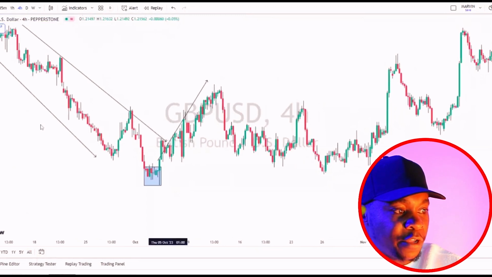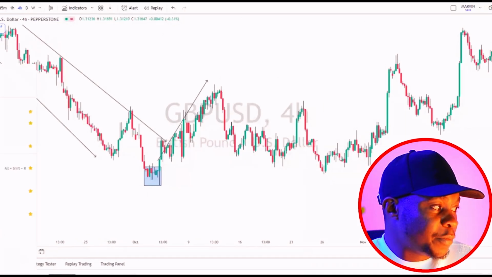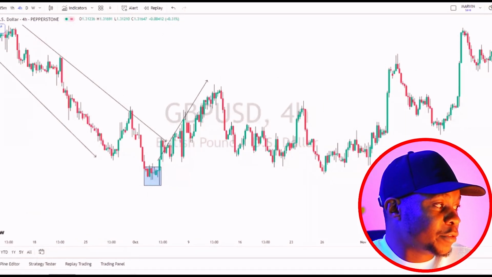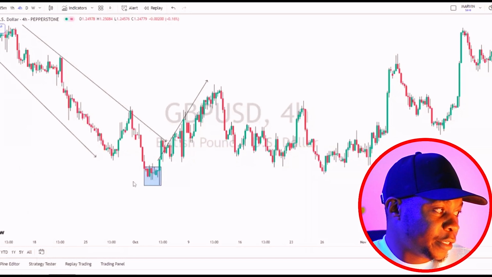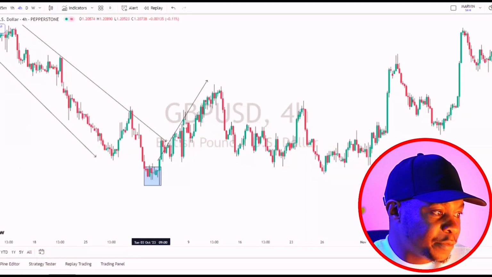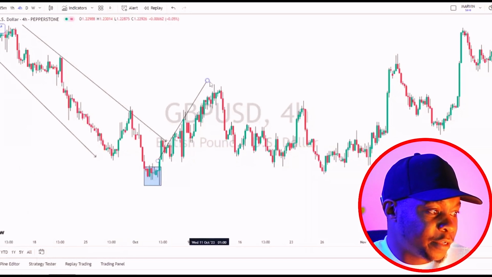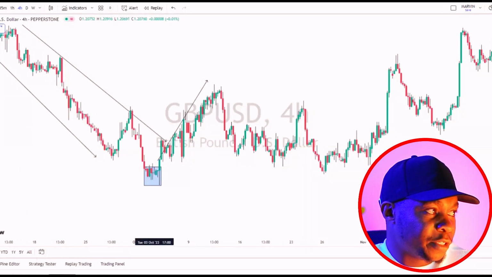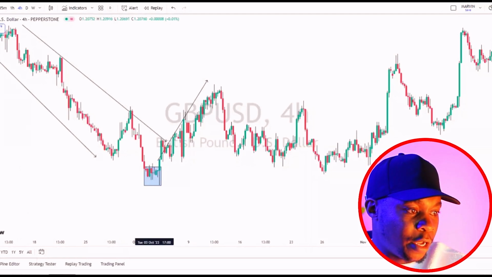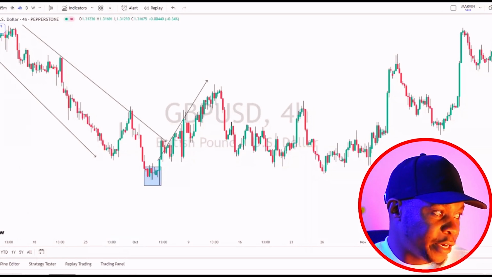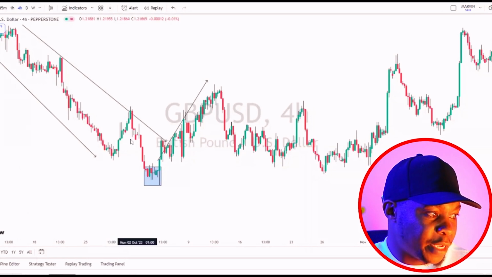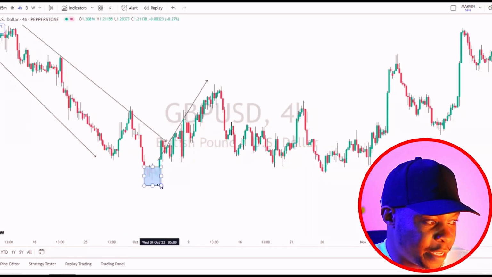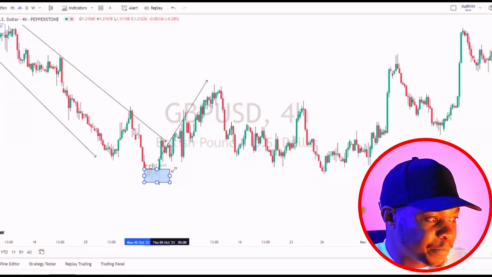So you'll notice that what we call a change of character is about to happen. Now this buy, this movement here, will tell you that there's an accumulation at this particular point. Accumulation is when the market is trying to create buy orders in the market.